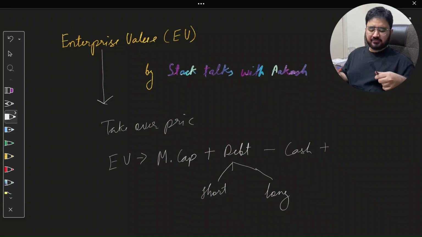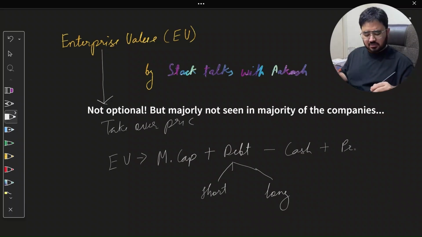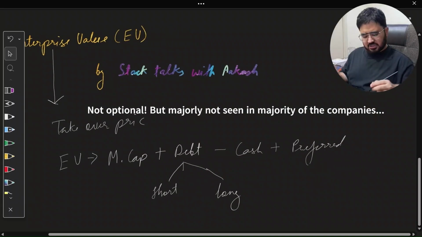If the owner of the company or the promoter of the company has issued some preferred shares, then you have to buy that too. So you have to pay the price for that too. So preferred shares, it is optional either way, because majority of the company does not issue a preferred share.